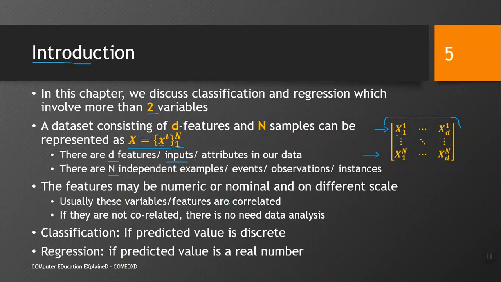The features may be numeric or nominal and on different scales. For example, let us take some hypothetical data where one feature is age, another feature is salary, another feature is, for example, car, and another feature may be the temperature, and so on.